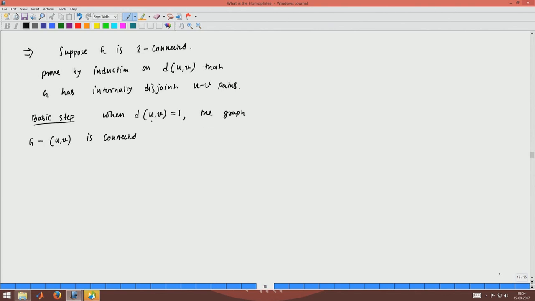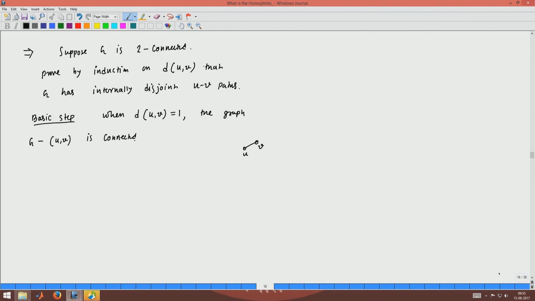Because when the distance is 1, u and v is an edge in the graph, and now if you remove this edge from the graph, the graph becomes G minus uv.